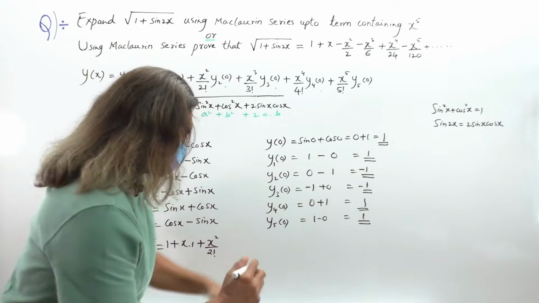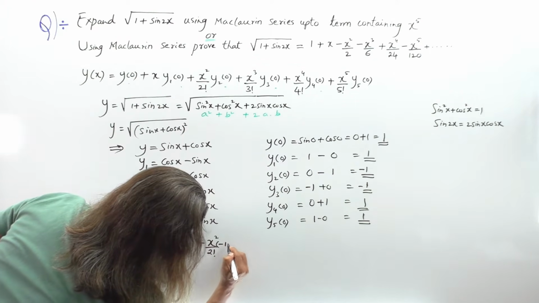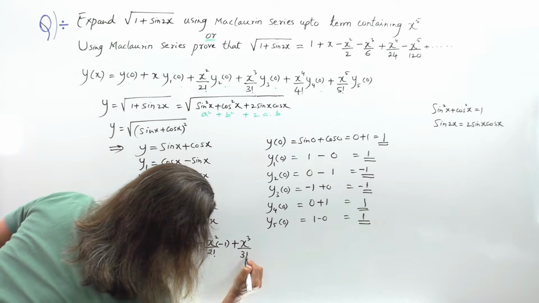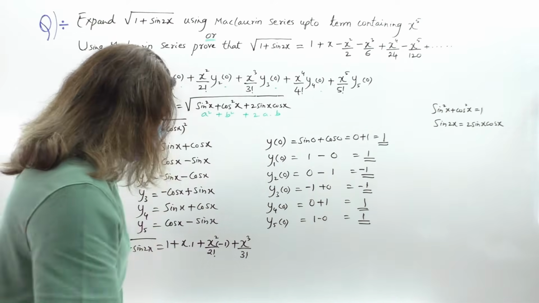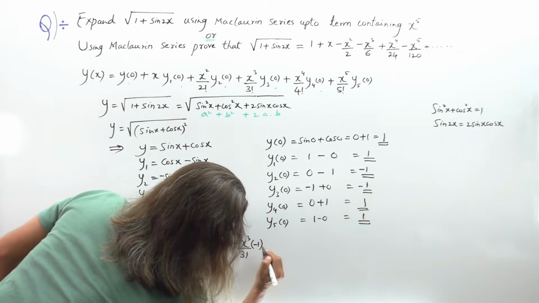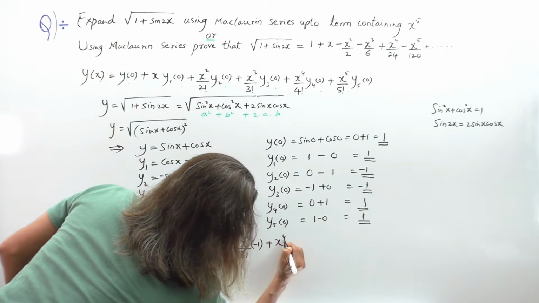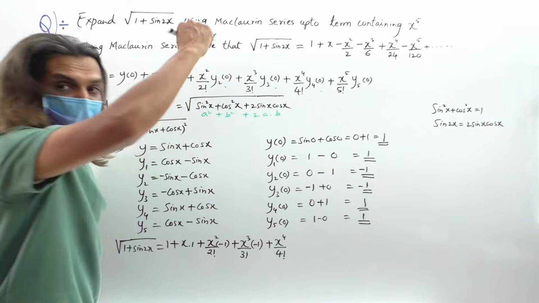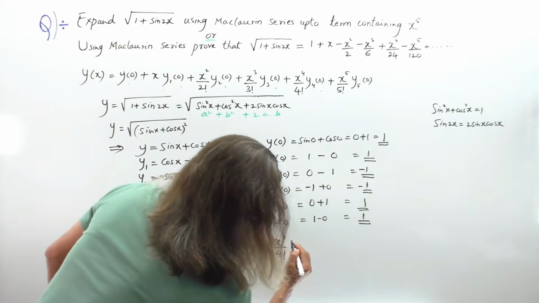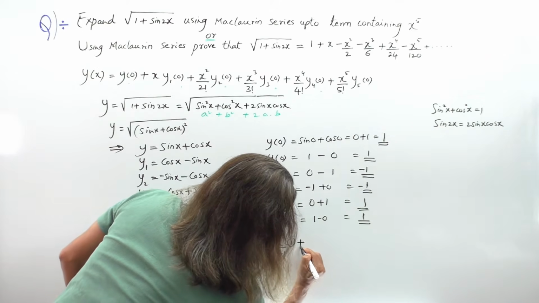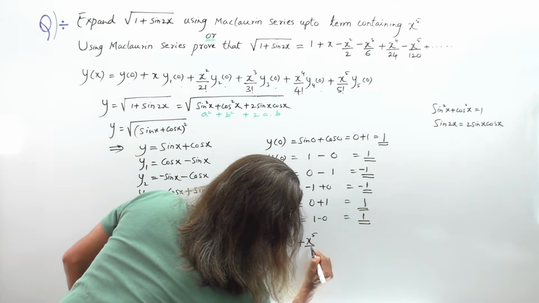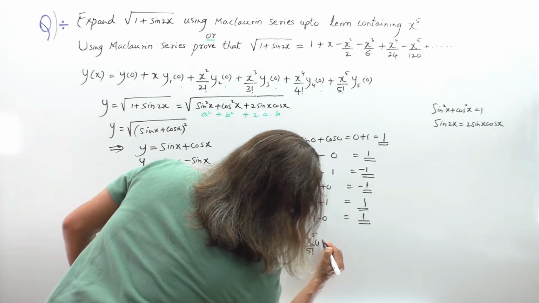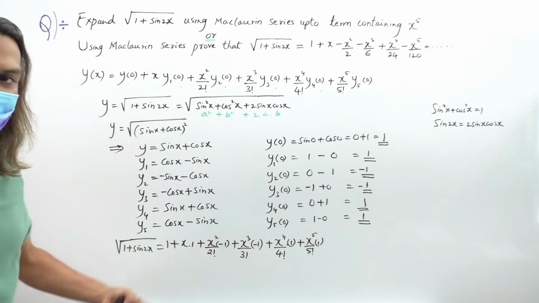What is y2 of 0? Minus 1. Plus x cube by 3 factorial, what is y3 of 0? Again minus 1. Plus x raised to 4 by 4 factorial. Am I right? What is y4 of 0? Again it's 1. And lastly, plus x raised to 5 by 5 factorial into again 1. That's all. Am I right?